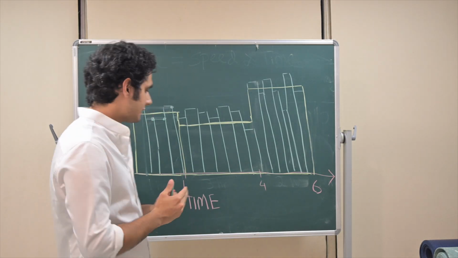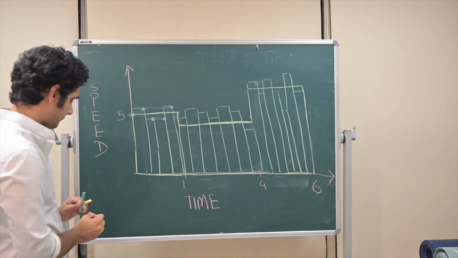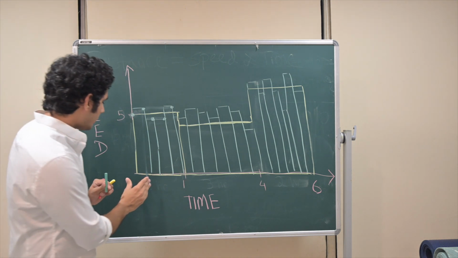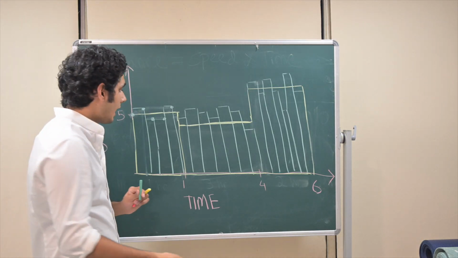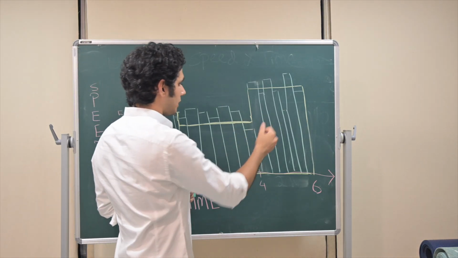That is, instead of recording our average speed across a large interval of time, we are doing it across smaller intervals of time and seeing how that evolves our distance picture.